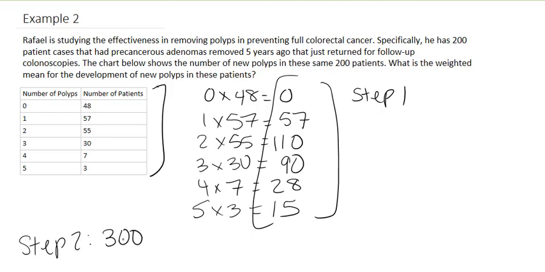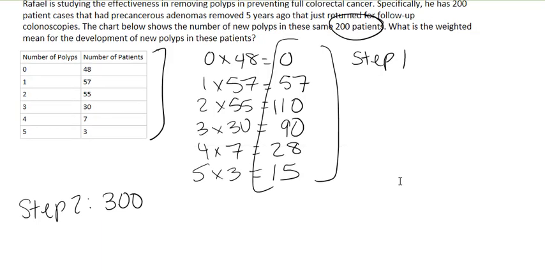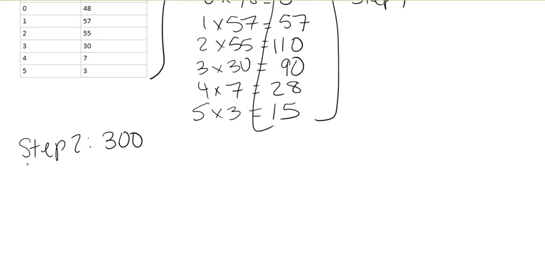So now, step 3 is usually when we add up the number of patients, but our problem told us we have 200 patients. So that is our step 3 already done for us. So we have 200.